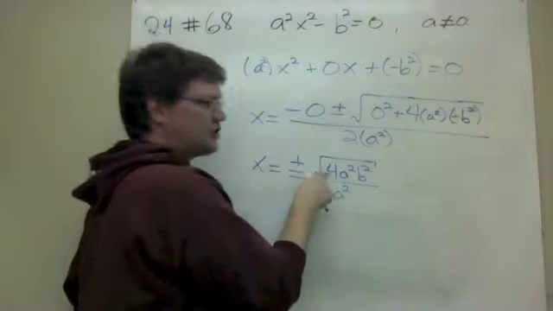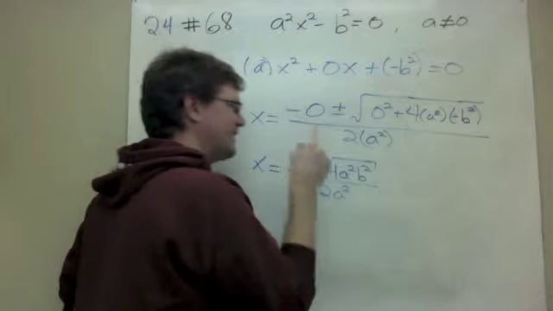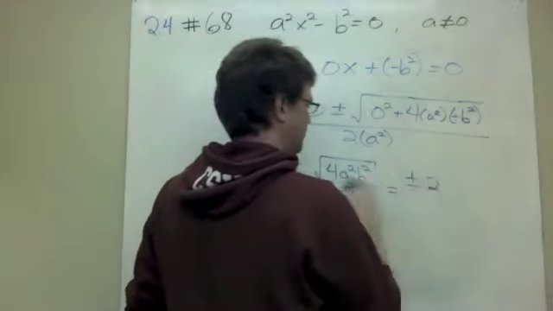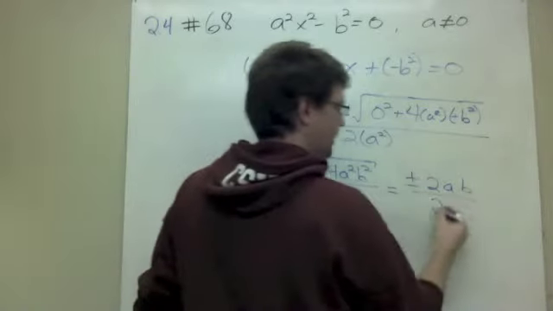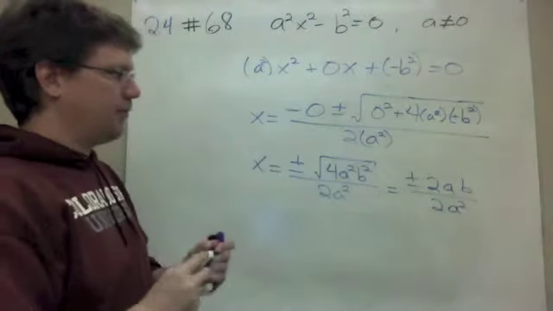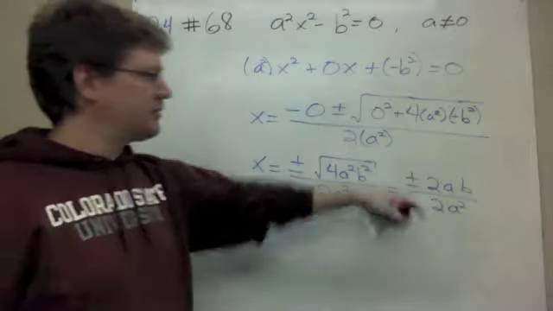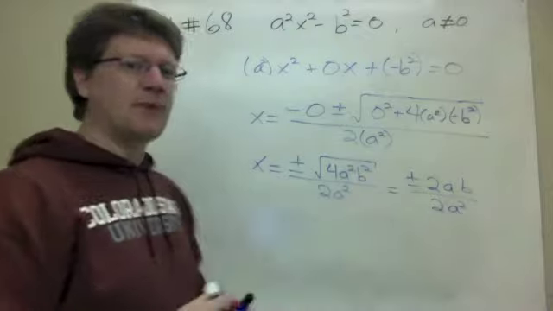But this is a square root of a whole bunch of squares. The square root of 4 is 2, the square root of a squared is a, the square root of b squared is b. So this is going to be plus or minus 2ab over 2a squared. Now, we don't have any additions and subtractions, that's a 0. We just have the positive possibility and the negative possibility.